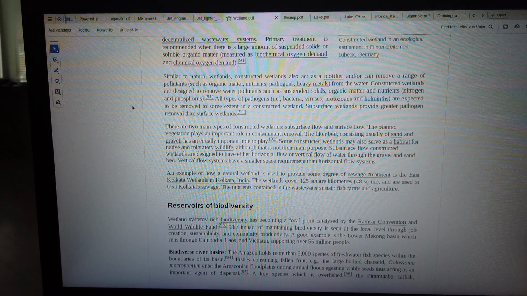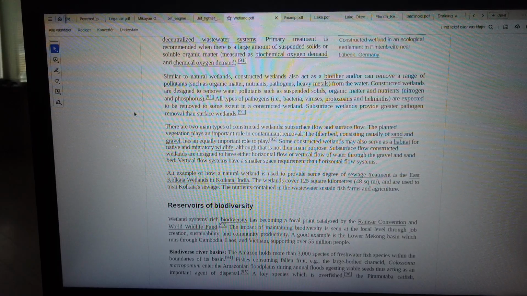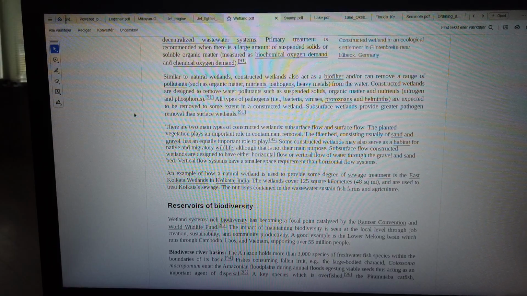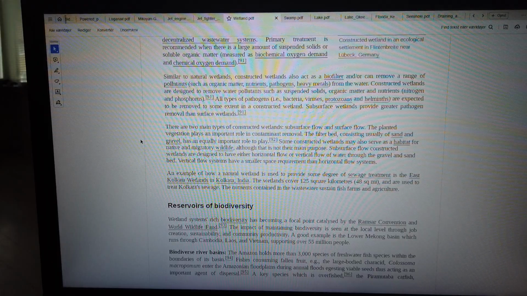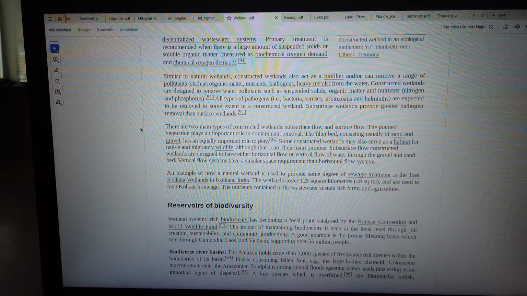All types of pathogens, i.e., bacteria, viruses, protozoans and helminths, are expected to be removed to some extent in a constructed wetland. Subsurface wetlands provide greater pathogen removal than surface wetlands.